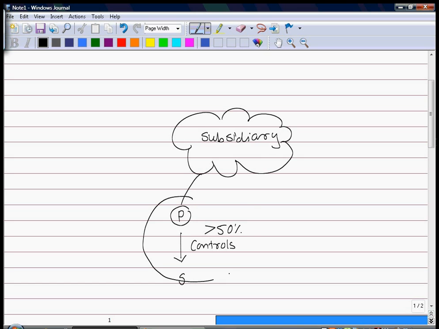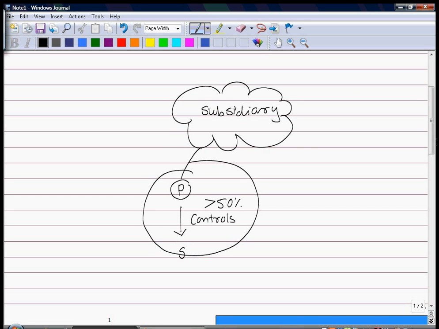Together they will form a group. Those two companies are considered to be in the same group, like one entity, like one company. They are connected now. What this means is that P can now control S like it was merely a division of the parent company.